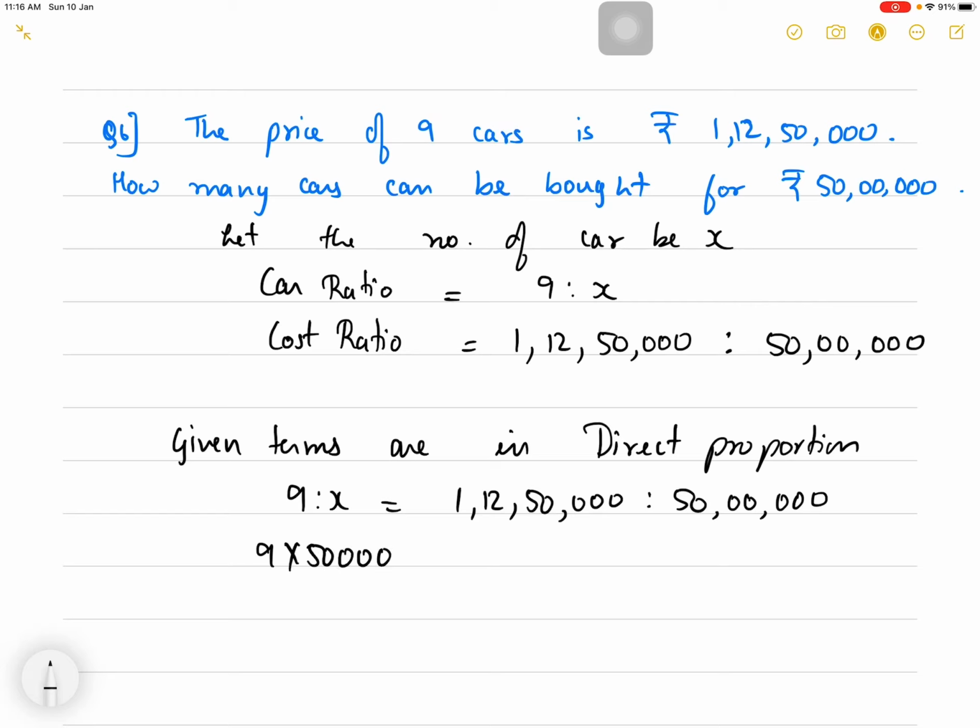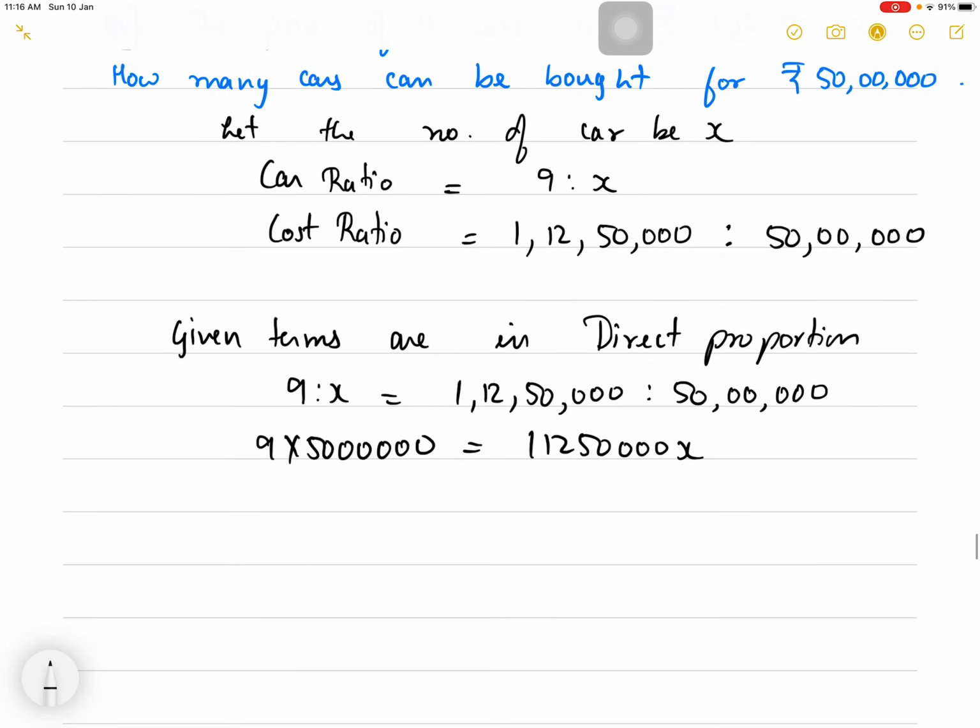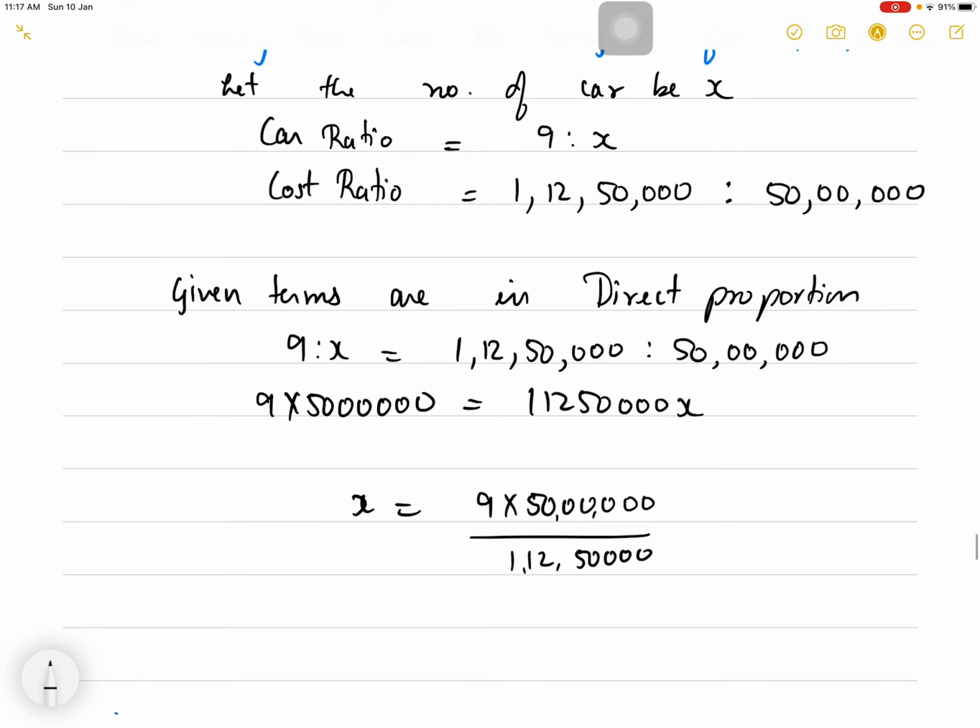So 9 into 50 lakh is equal to 1,12,50,000 into x. x is equal to 9 into 50 lakh divided by 1,12,50,000.